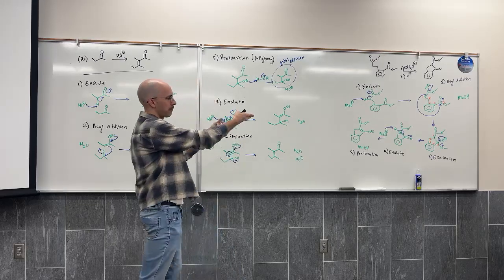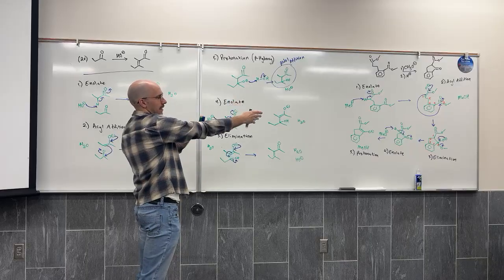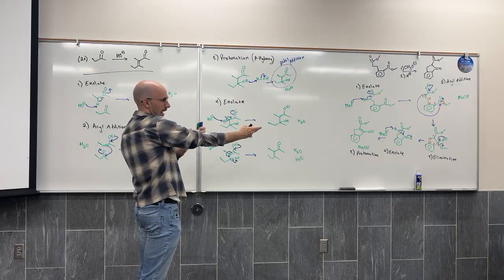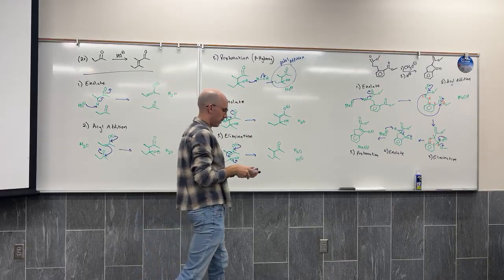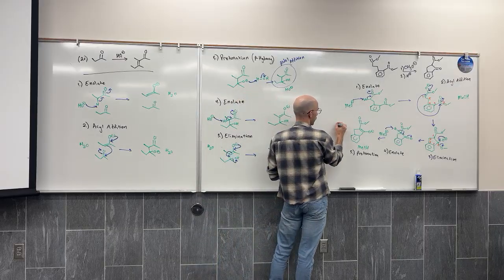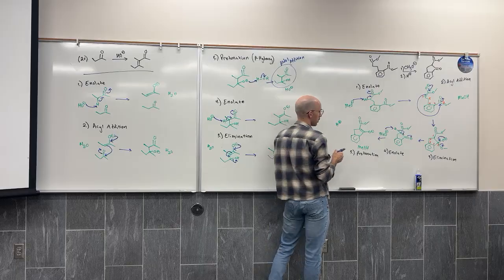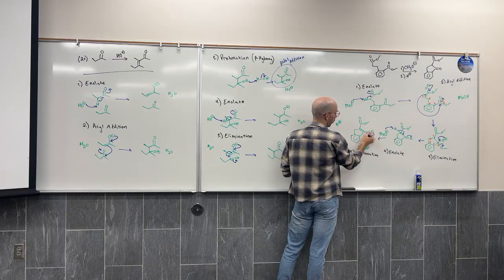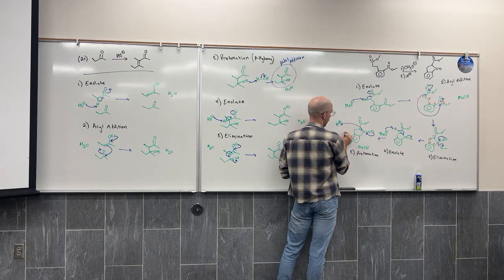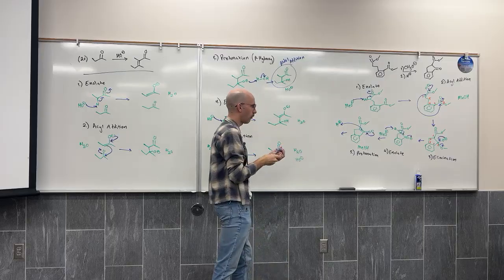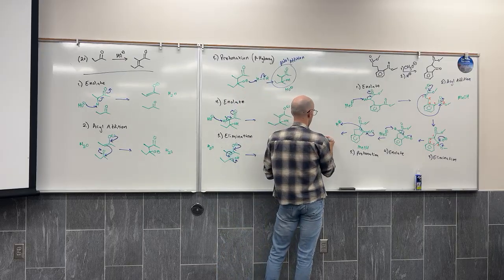So that beta keto enolate can be used for something. But if that's not what we want, if we don't want to use it for something, then we introduce a proton. And our most basic position, the alpha position, accepts that proton and gives us our final product.